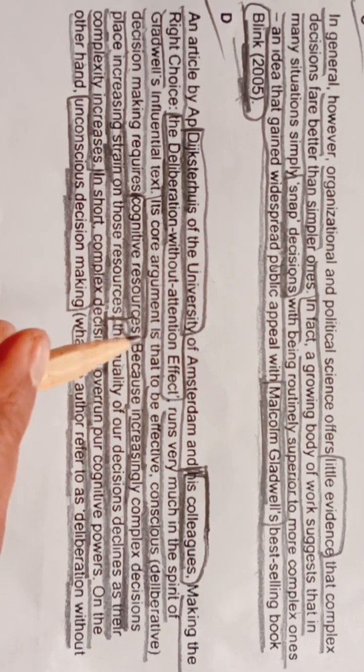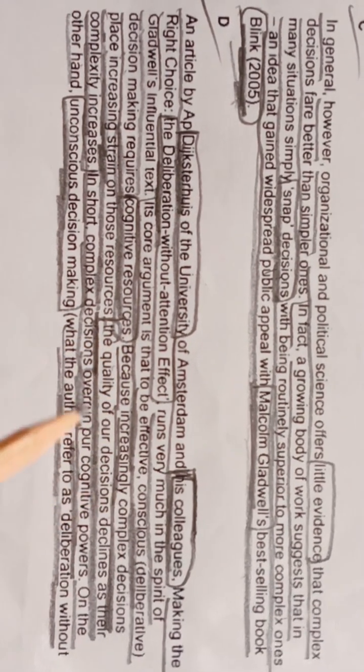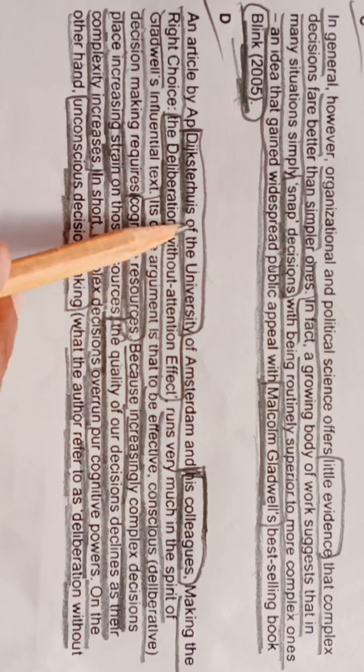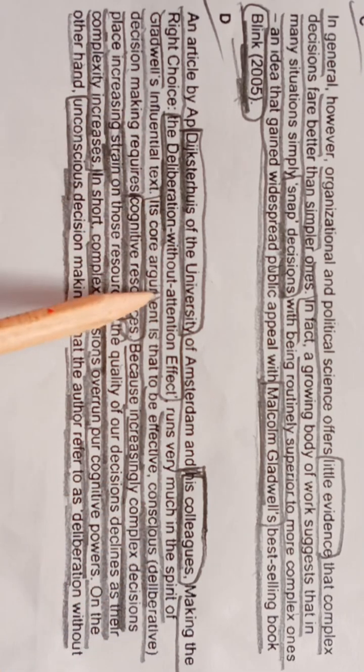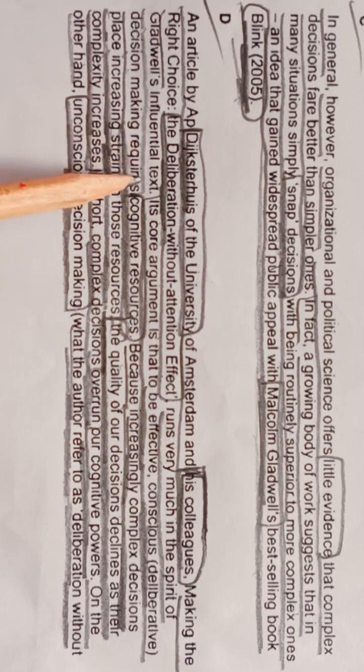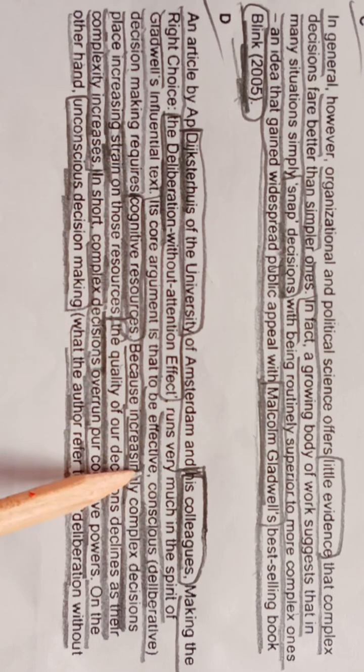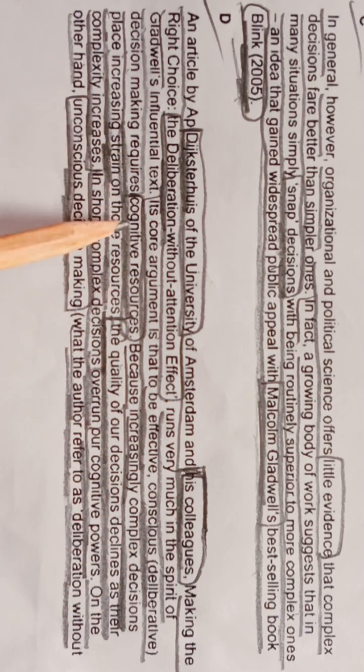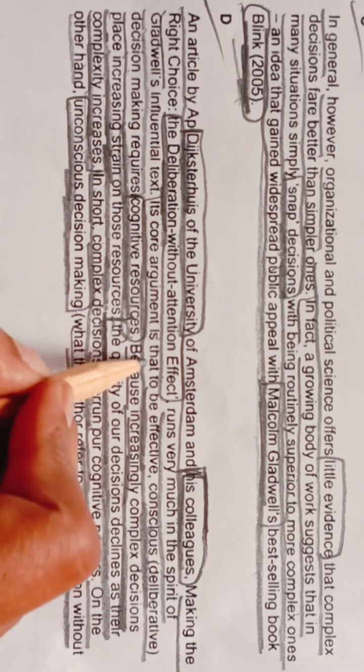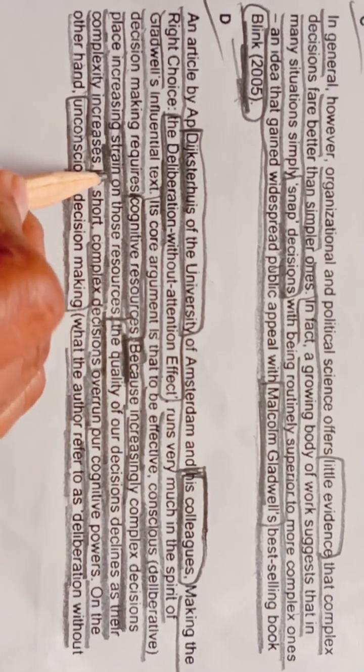Dijksterhuis and his colleague, the deliberation without attention effect runs very much in the spirit of Gladwell's influential text. Its core argument is that to be effective, conscious decision making requires cognitive resources, but increasingly complex decisions place increasing strain on those resources. The quality of our decision declines as the complexity of the task increases. Yes, we are getting our answer from here.